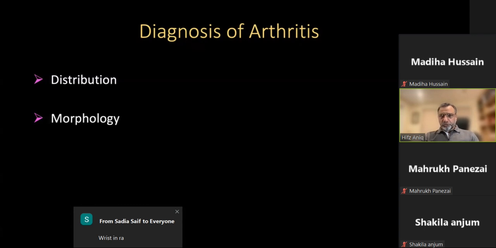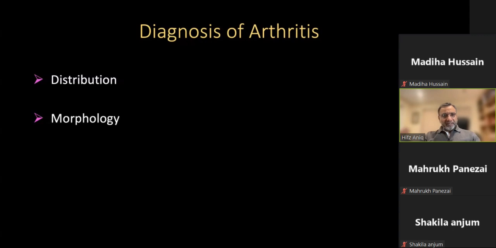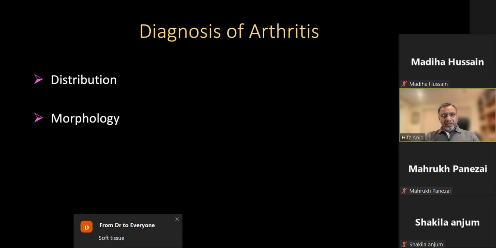Somebody said distribution, wrist in rheumatoid, very good. So you look at the density marks initially and erosion, somebody said. You look for soft tissues, fine. You look for any increased density, okay, and alignment of the bones. Soft tissues, very good.